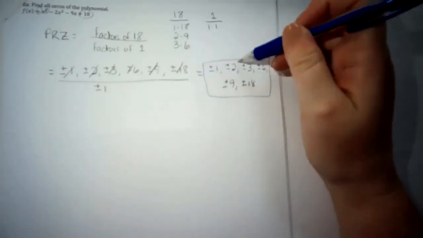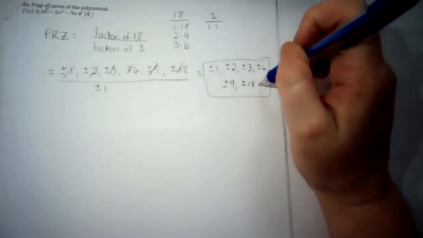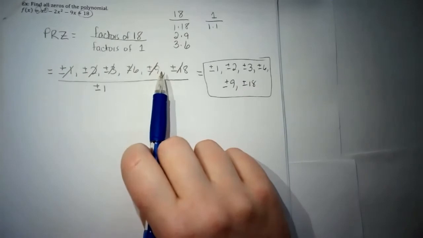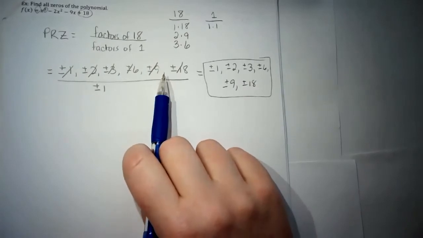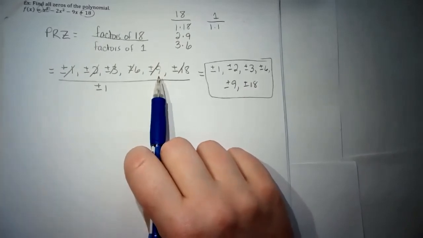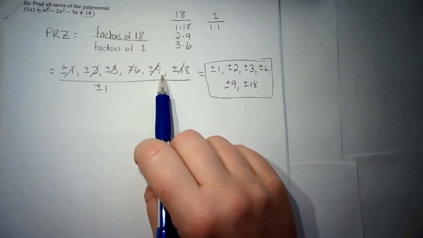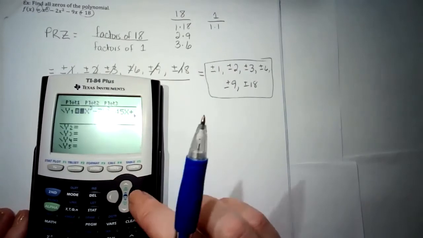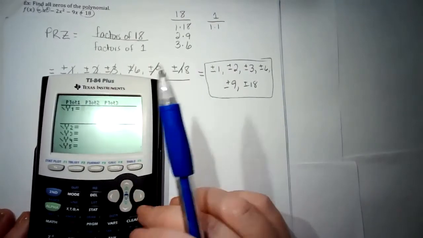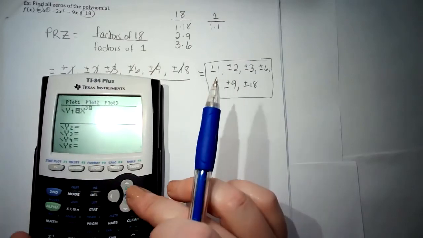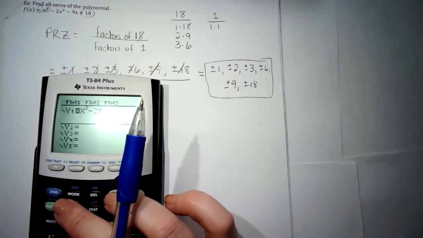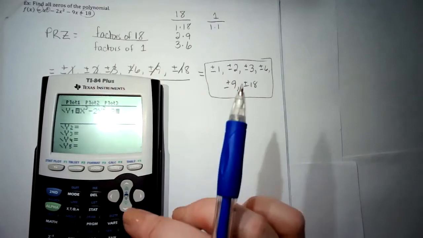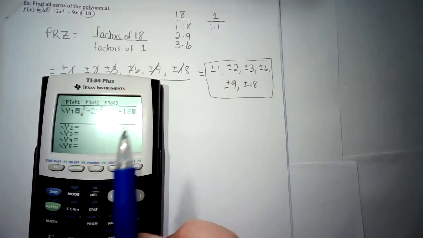Now, we have 1, 2, 3, 4, 5, 6. And then if we double that to account for the negatives, we've got 12 possible choices that you could throw in there and look at. Or we can go to our calculator, right, and see what we can come up with. So if I put the original poly in here, I'm going to have x cubed minus 2x squared minus 9x plus 18.